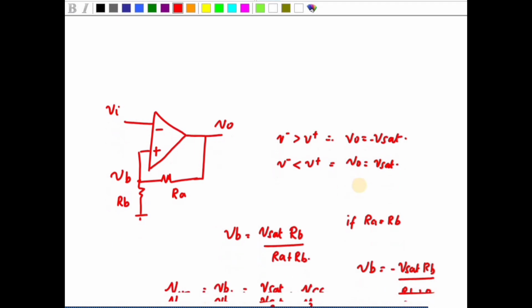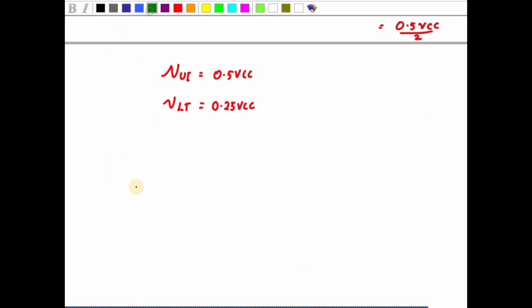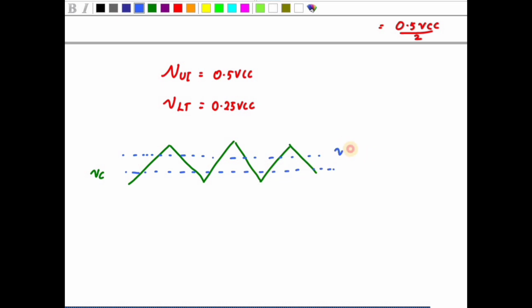Suppose my capacitor is charging, so this is how it is charging. This is my VC, the voltage at VC, and I have two threshold voltages, one is VUT and another one is VLT.